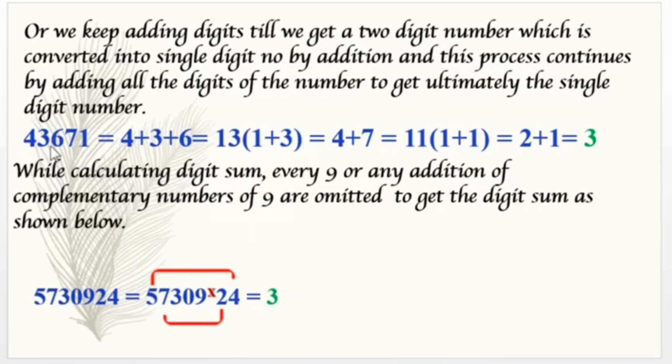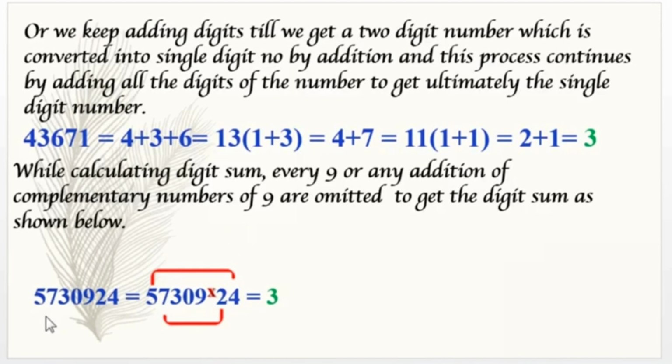So we add 4 plus 3 plus 6 getting 13. 1 plus 3 is 4. Adding this 7 to this, we get 11. 1 plus 1 is 2, and add to this 1 and you get 2 plus 1 equal to 3, which is our digit sum.